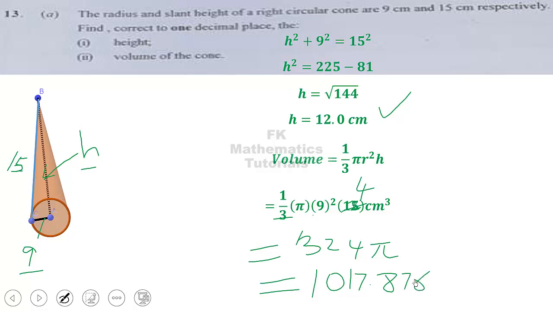To 1 decimal place, this will be equal to 1,017.9 centimeter cube.